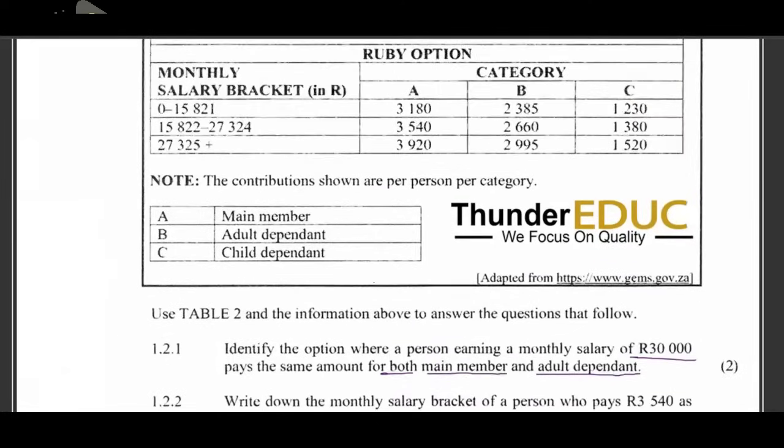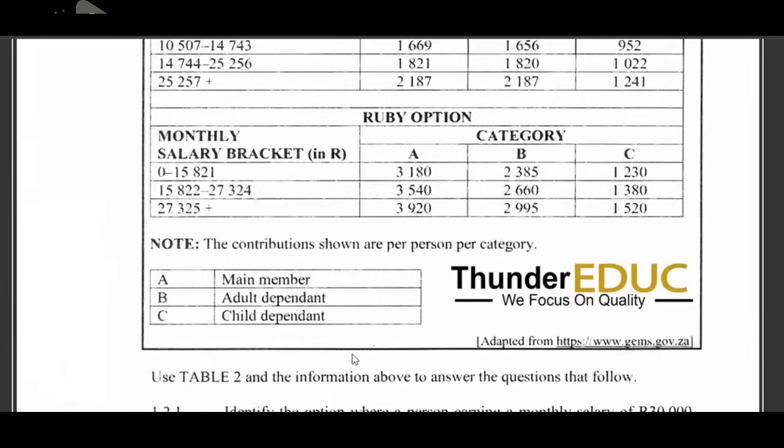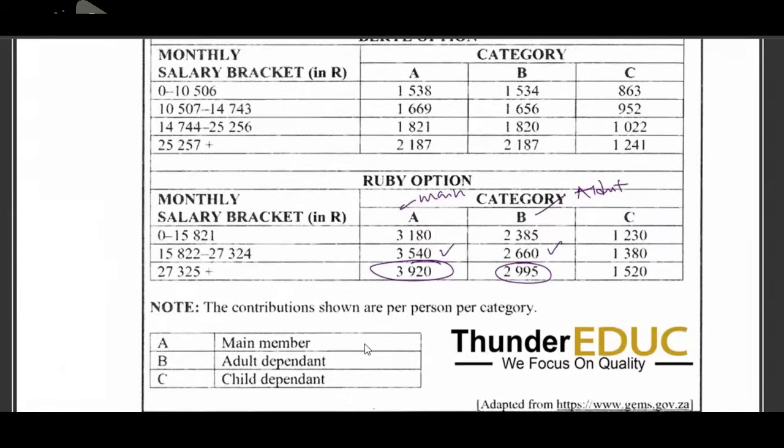First and foremost, we shall come here. A is the main member, and B is the adult dependent. So we are looking for the place where we have the same amount, and the person earns 30,000. Actually, it's supposed to be here and here. These are different. So let's look up here. We have this and this.